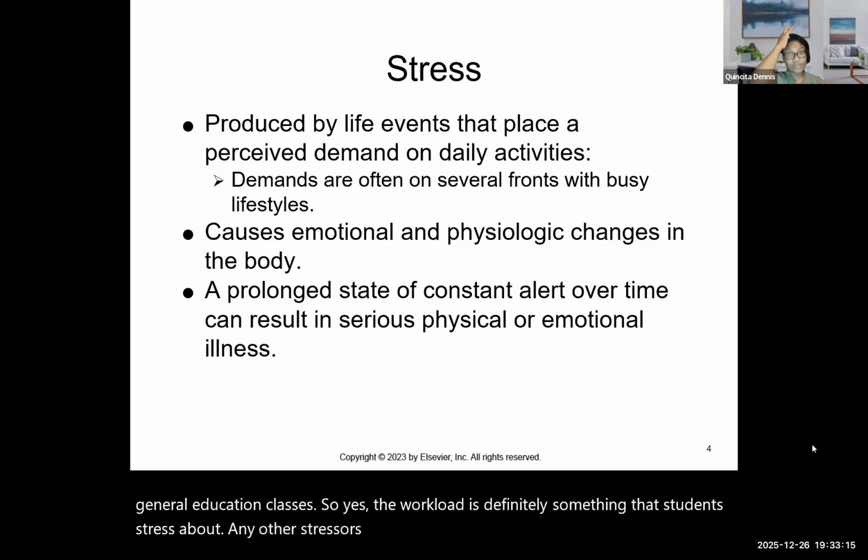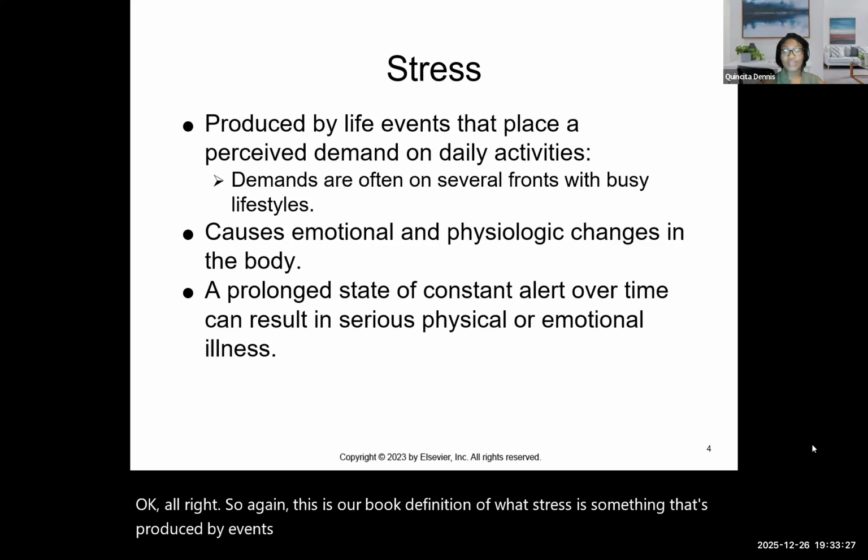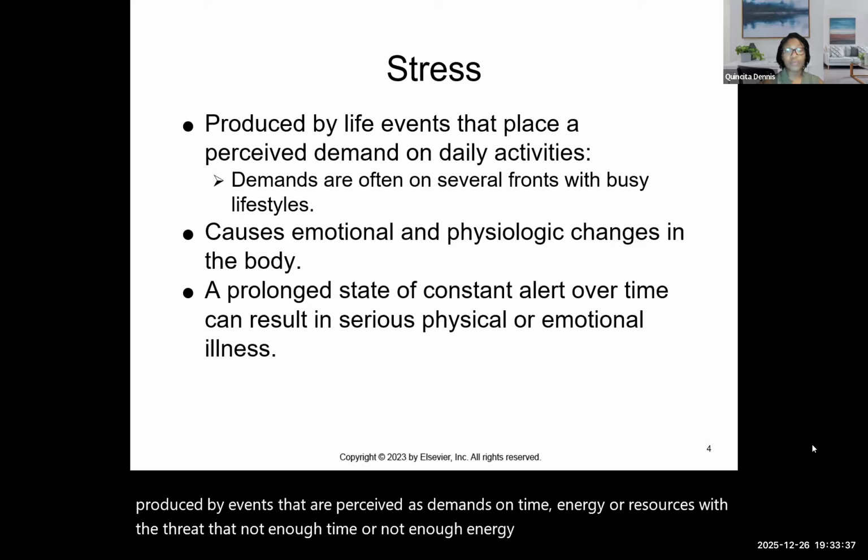Okay. All right, so again, this is our book definition of what stress is: something that's produced by events that are perceived as demands on time, energy, or resources, with the threat that not enough time or energy or resources will be available to fulfill that obligation.